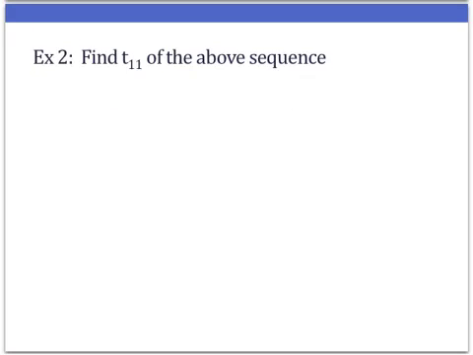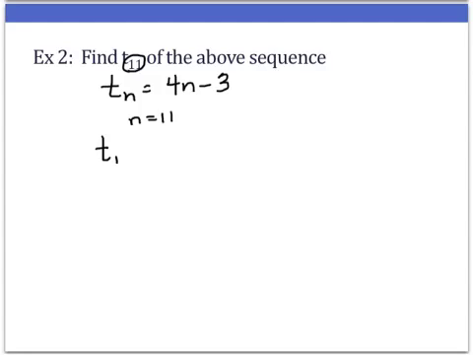Now, I want to find the 11th term, and I believe this is what we had. 4n minus 3, and we will define the 11th term right here. That means n equals 11.